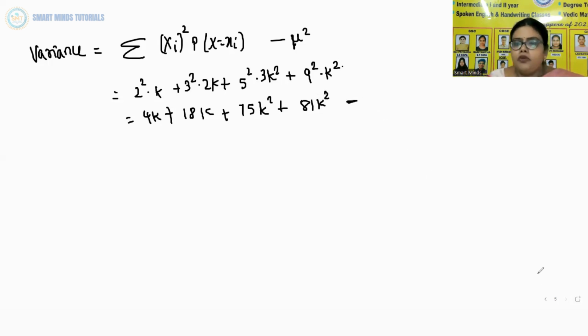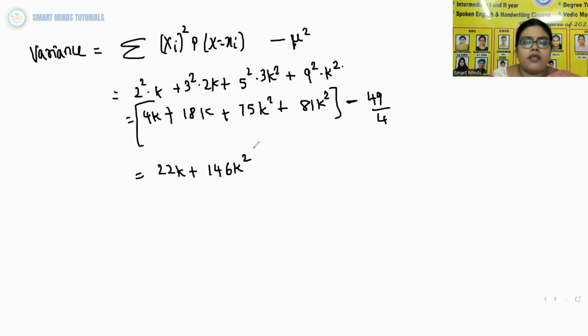Minus what is mu we got? 7 by 2. So mu square will be 49 by 4. First you need to add this. So 18 plus 4 is 22k plus 146k square minus 49 by 4.